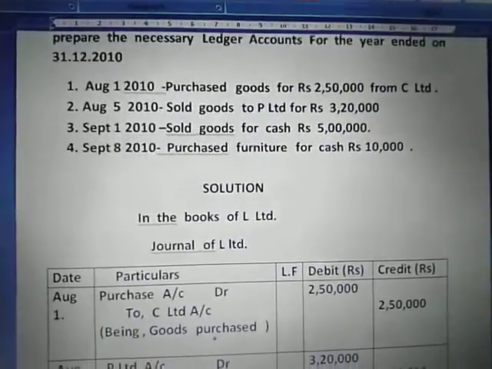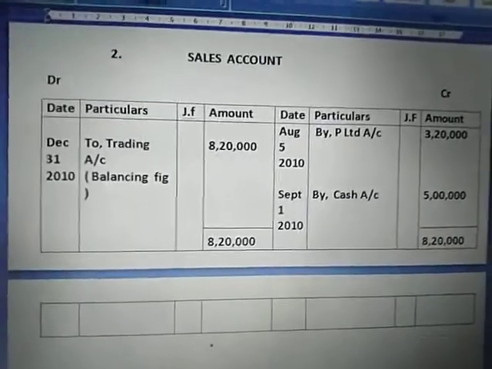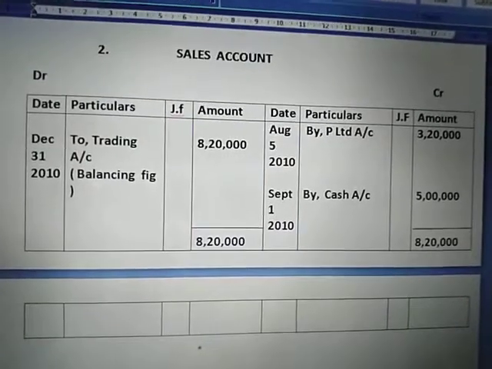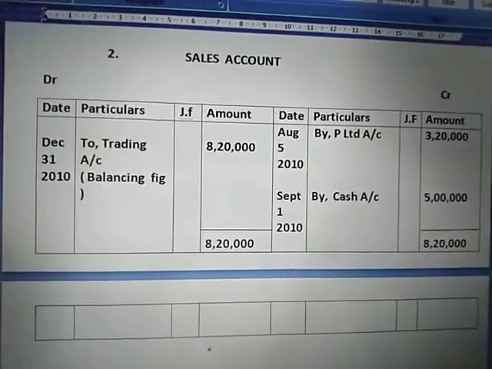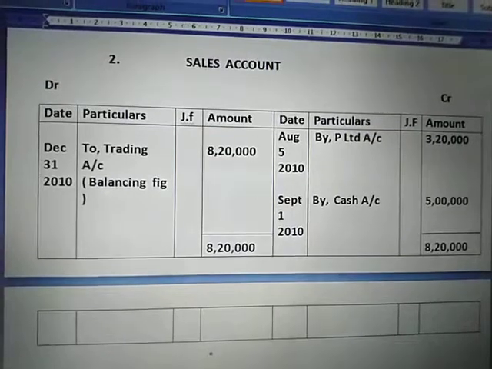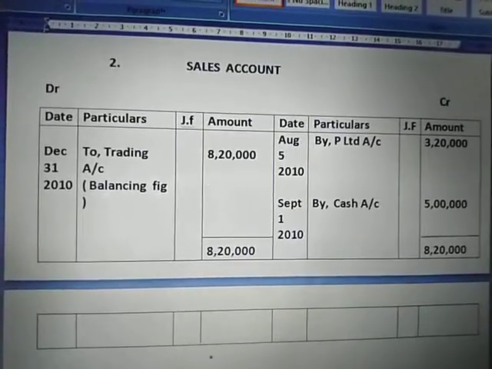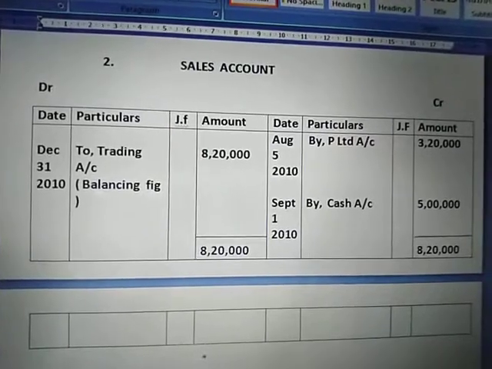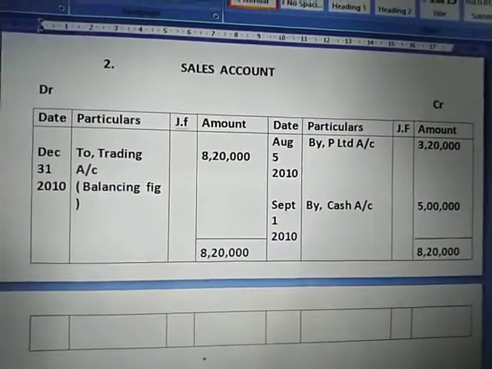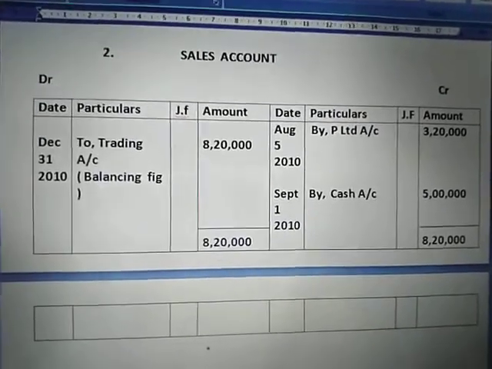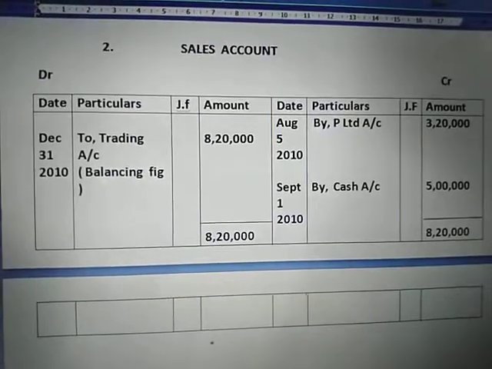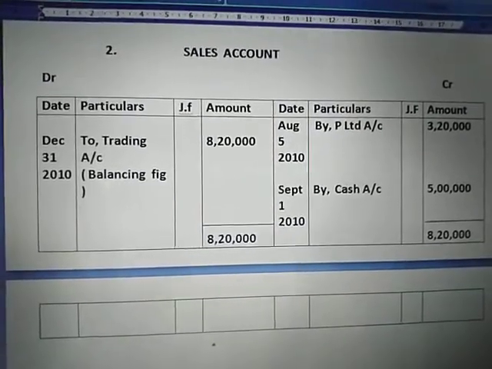Now see here, in the sales account on September 1st 2010, the entry is cash account debit to sales, so we will write as by cash account. Since sales was credited there, we have to record this in the credit side only, by the other account that is affected, so by cash account rupees 5 lakh.